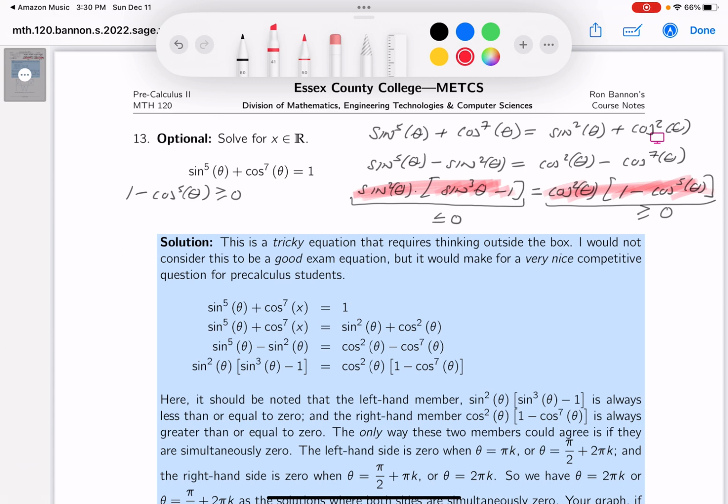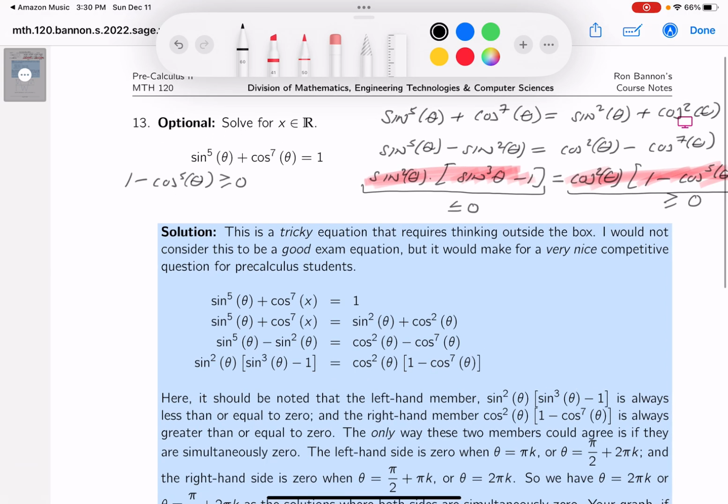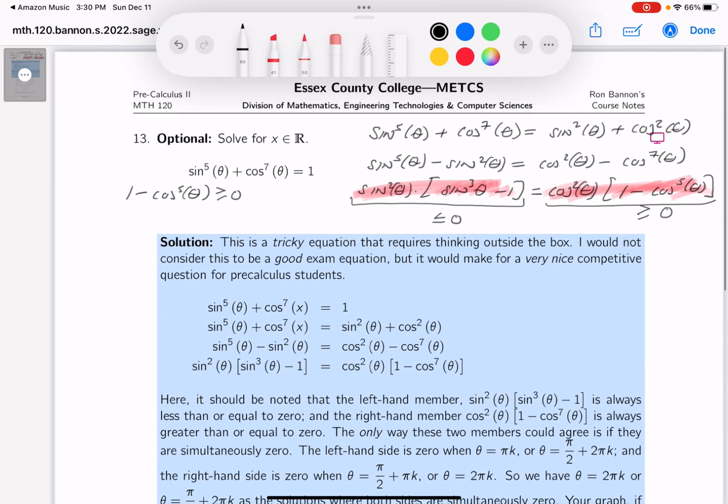Well, let's take a look at that. I'm just going to look at the first cycle, which is between 0 and 360. And let's write down the degree measures for this. We're looking at the sine function, the left-hand side.